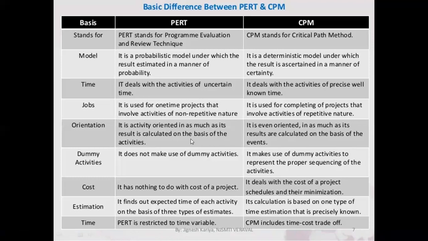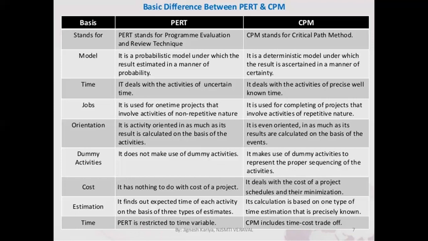So the PERT method is activity oriented, whereas the CPM method is event oriented. And dummy activities: PERT does not make use of dummy activities, whereas CPM makes use of dummy activities to represent the proper sequence of the activity.